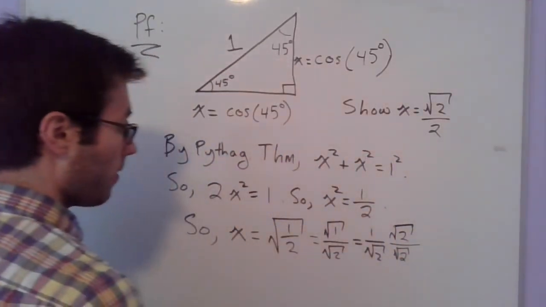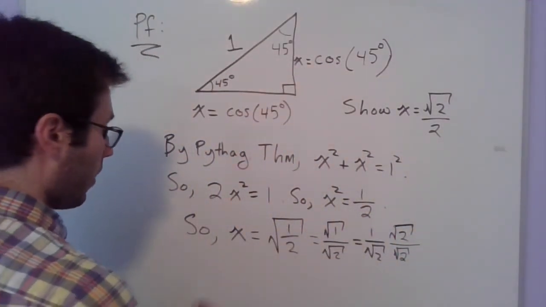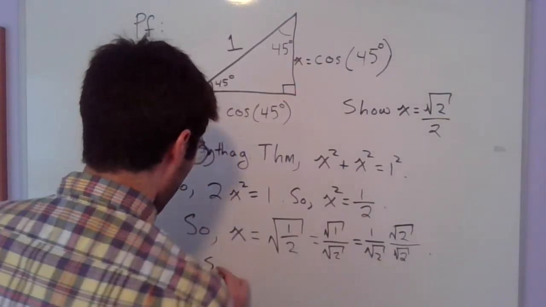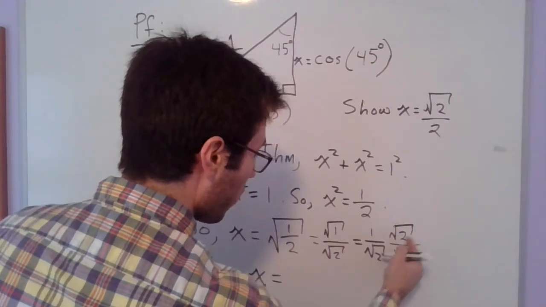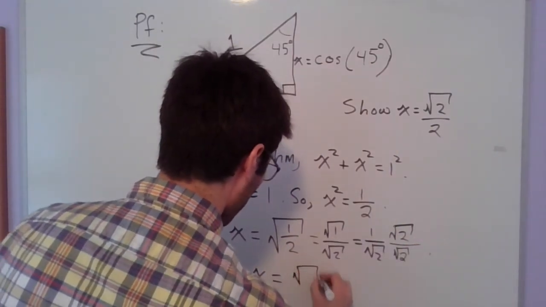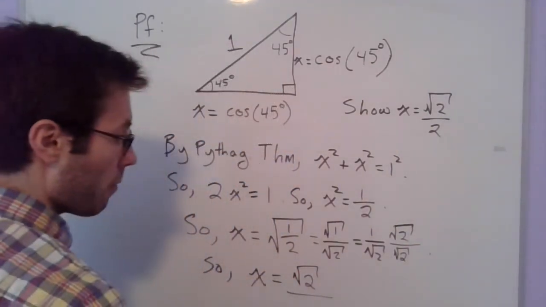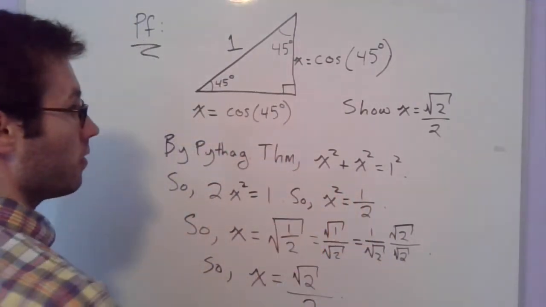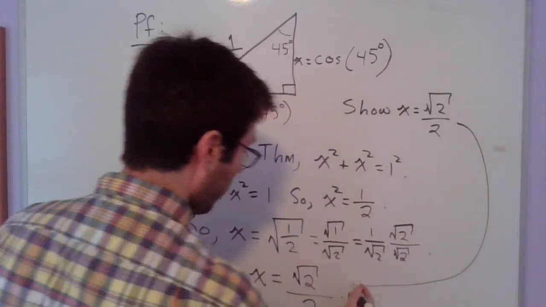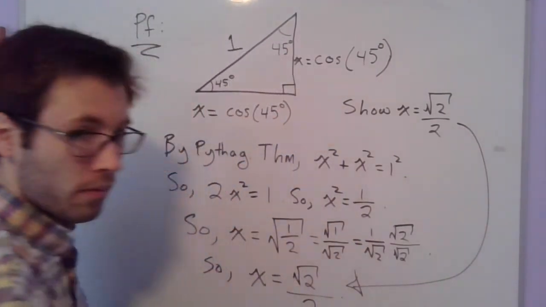So it looks like that. This means that x is going to be equal to 1 times square root of 2, which is square root 2. And in the denominator, square root 2 times square root 2 is 2. So I'm done, because I showed this right here.